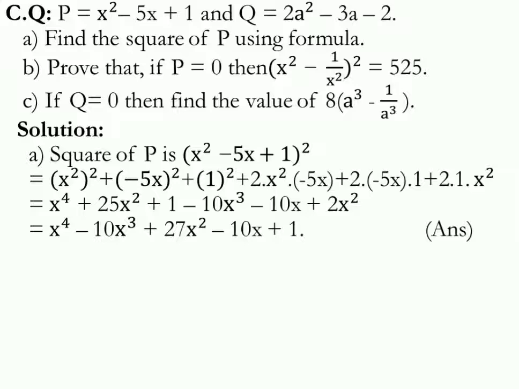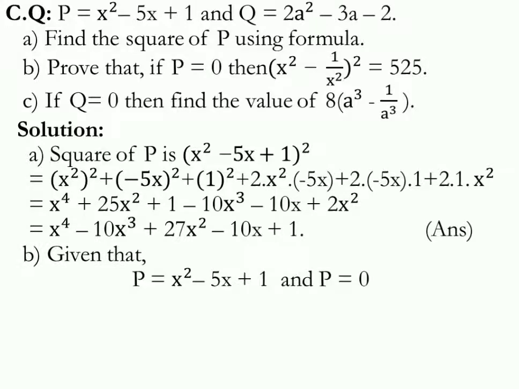Now for B, we have to show that x square minus 1 by x square whole square equals 5 to 5, and the condition given was p equals 0. Now earlier p was given as x square minus 5x plus 1, and here it is given in the condition that p equals 0. So we can write x square minus 5x plus 1 equals 0.